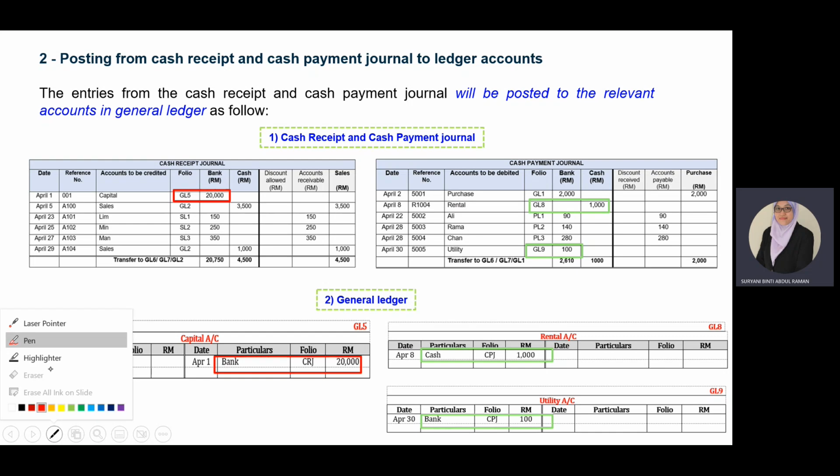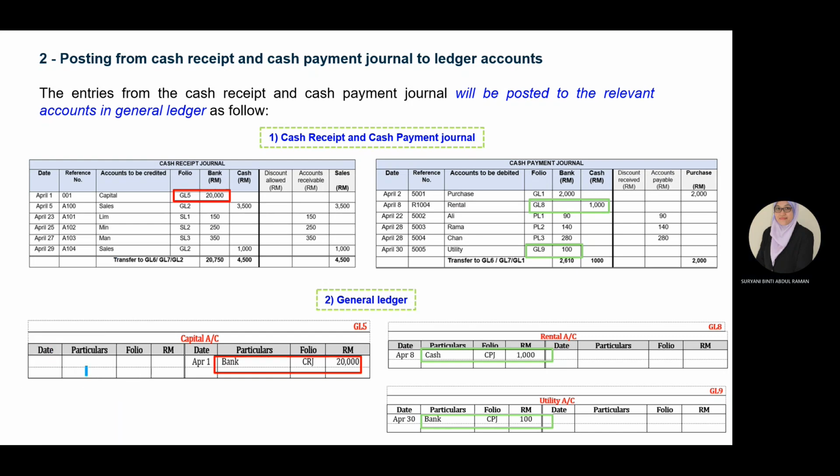So the capital account, we need to open. Okay, and we use the code GL5. So open GL5, capital account, credit. So April 1st, bank, cash receipt journal, 20,000.